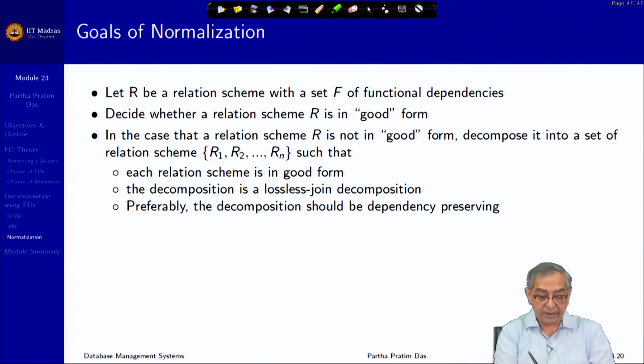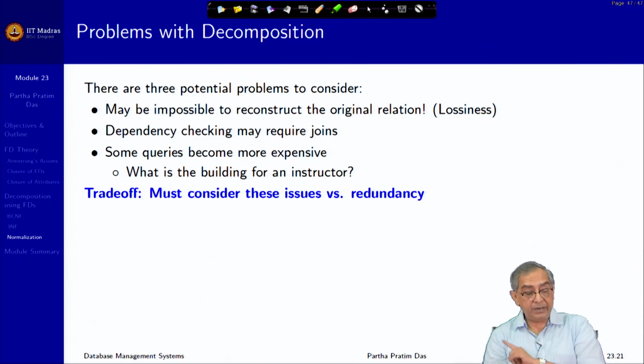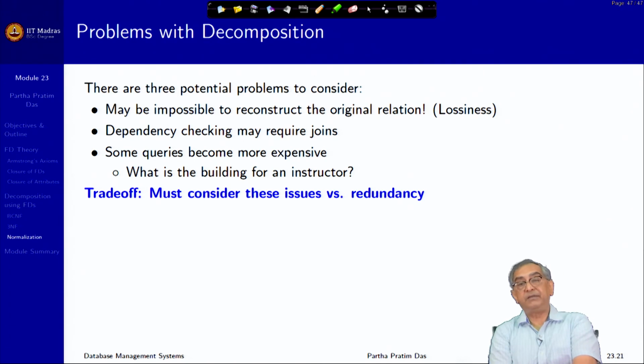You need this because otherwise you will have problems with the decomposition, because there are three potential problems. One is it may be impossible to reconstruct the original relation, for which we need lossless join. Dependency checking may require joins, which is very expensive. So, we need dependency preservation, and also some queries may become more expensive as you decompose.